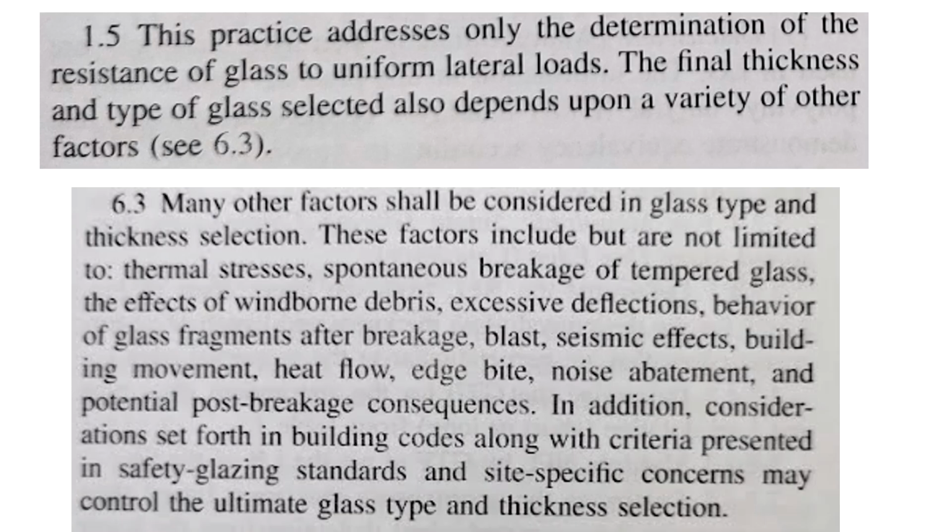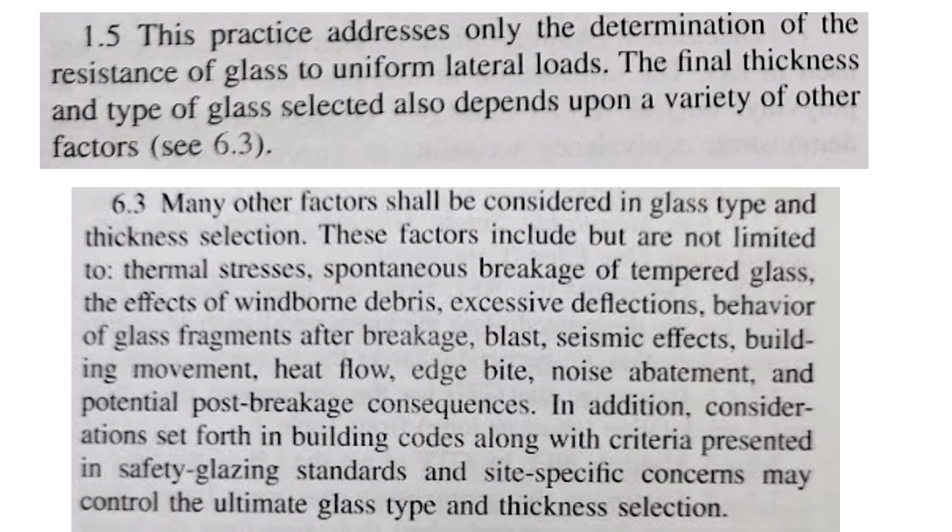See 6.3. Now, I went ahead and pulled 6.3 up because when we get a reference like that, instead of just moving on, what are they talking about? Okay, so there's other types of factors. So when we go to 6.3, many other factors shall be considered in glass type and thickness selection.